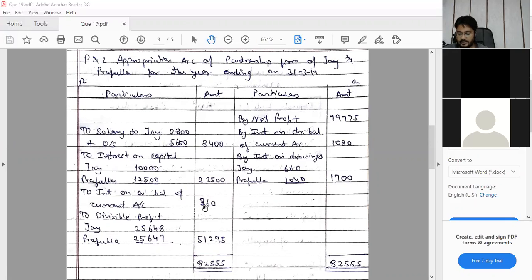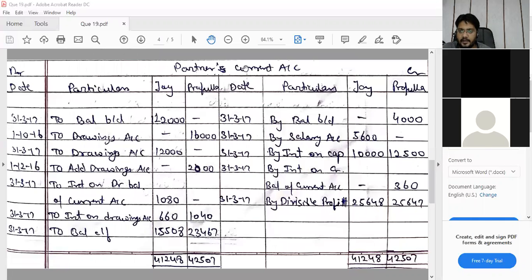Now, moreover, in the second adjustment, it is also given to calculate 12% interest on drawings. This is what we have already calculated in working. So give the first effect on current account debit side. After one or two lines, please write 31st March 17, to interest on drawings of J 660, of Prafulla 1,040.